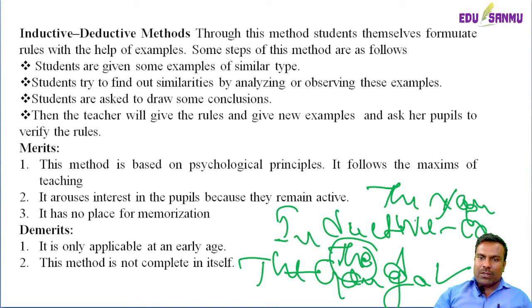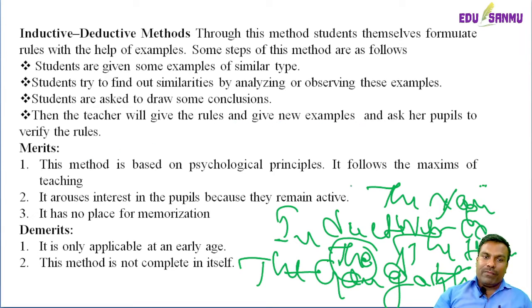The students are then asked to draw some new conclusion. Suppose I give one more set of examples, like the Himalaya, because of the sun, because of a universal truth, the earth, like that. Then the teacher will give the rule and give new examples.